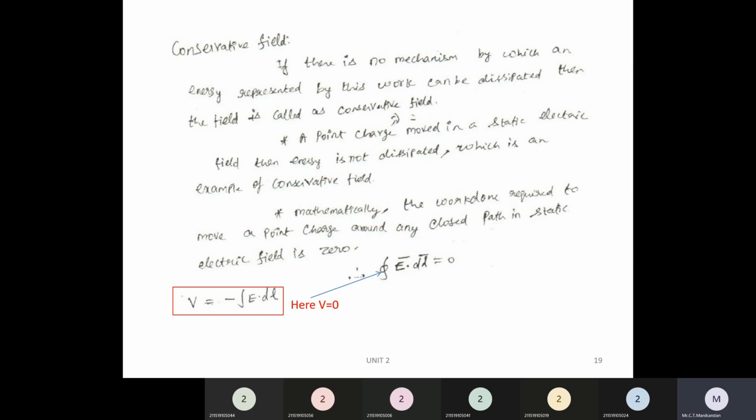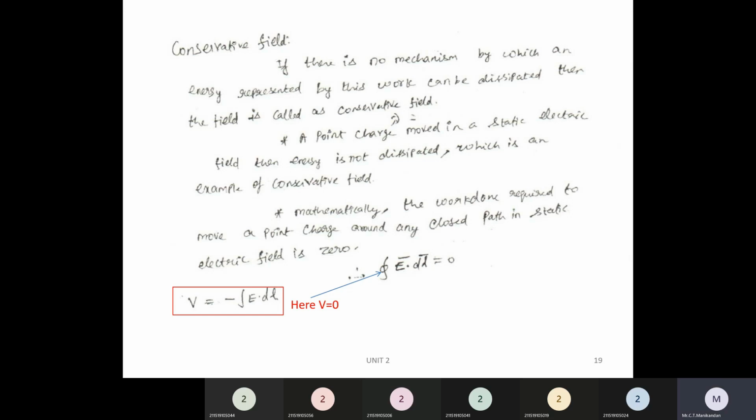When potential is zero, what will we have in the generalized equation, V equal to minus integral E dot dl? In that I am substituting V equal to 0. How can I substitute V equal to 0 from the above statement?